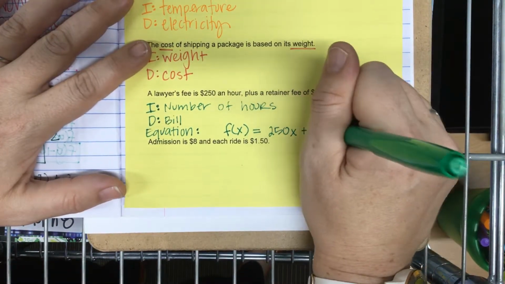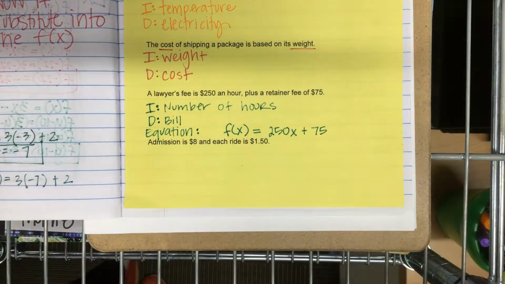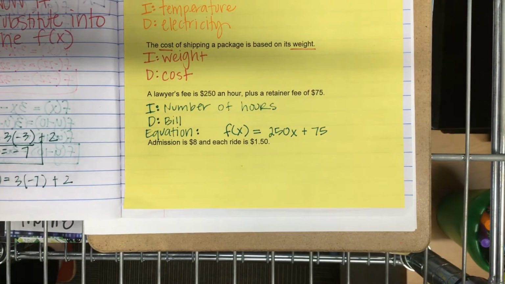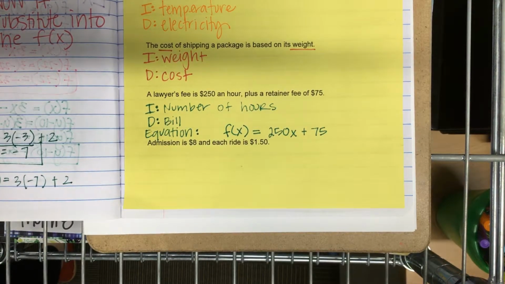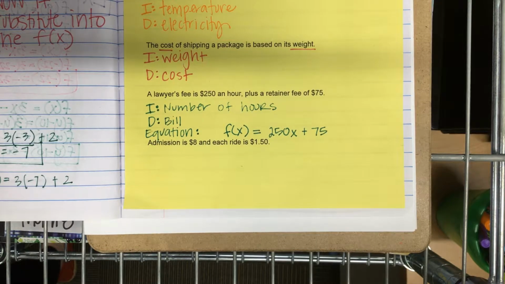Meaning, I go to the lawyer and I say, hey, I want you to represent me. I'm going to sue my students. They're going to say, okay, I'll take your case, but you give me $75 to reserve me. And then I'll charge you $250 every hour I work on it.